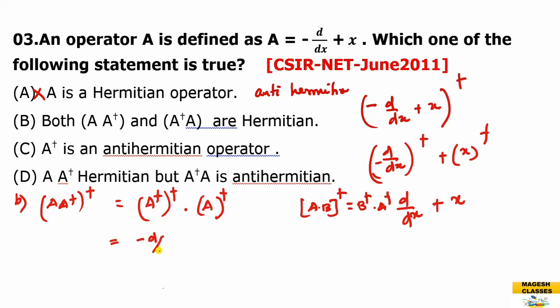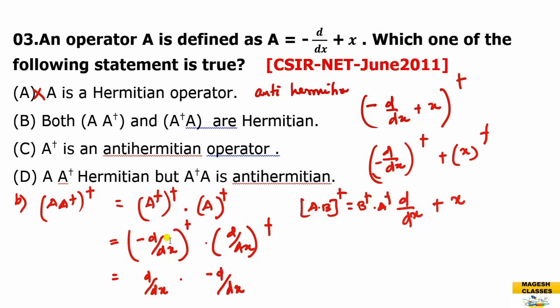It is minus d by dx plus x dagger, into A dagger is equal to d by dx plus x. This is equal to d by dx minus d by dx plus x, here it is plus x. So A into A dagger is Hermitian.